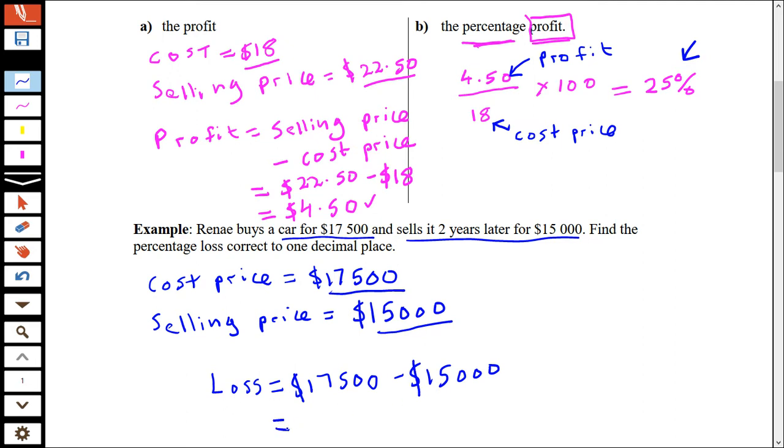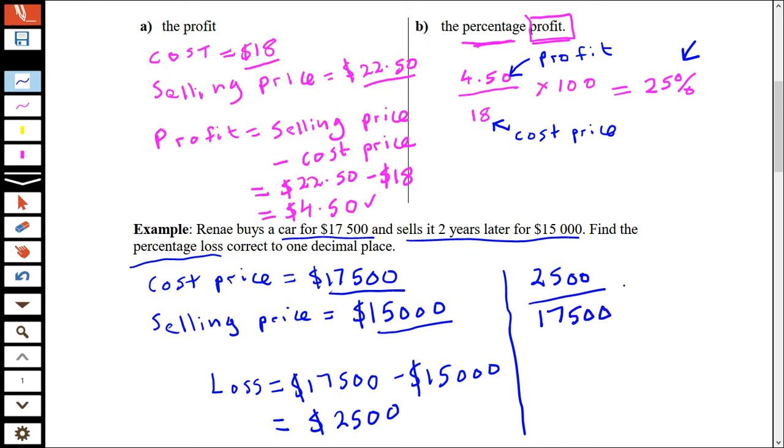Okay. So that's $2,500. All right. Now, just draw a little line here, a little dividing line. Now it says you've got to calculate the percentage loss. Okay, so we're going to express our loss, our loss is $2,500, as a percentage of the original amount.